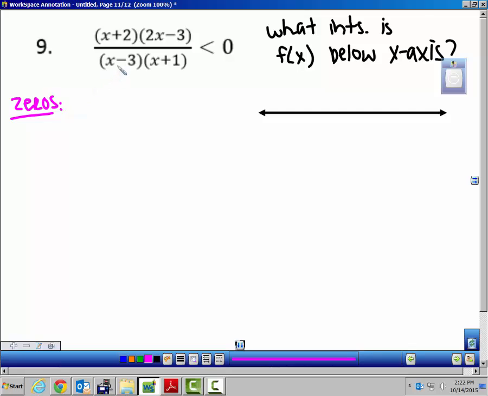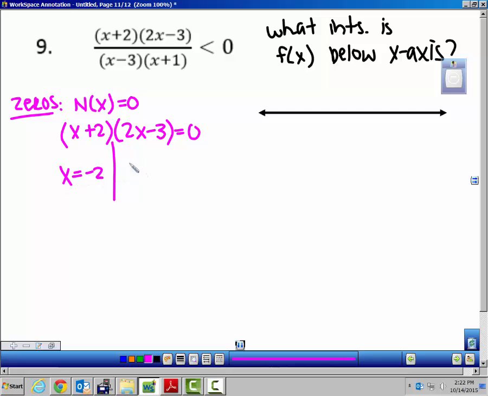So first I'm going to find my zeros, and you can see nothing cancels out here. To find your zeros, that's like step 3 in your 8-step process for rational functions. Remember, you are setting the numerator equal to 0. The numerator is already factored, which makes our life a little easier. Just split and solve, and we end up with -2, and when you add the 3 and divide by 2, you end up with 3/2.